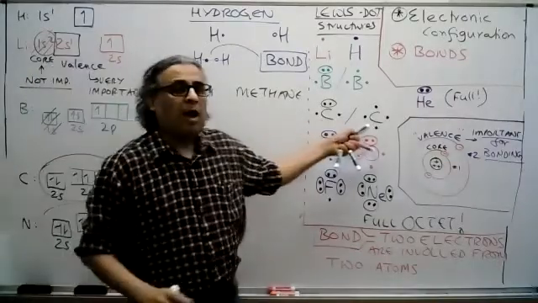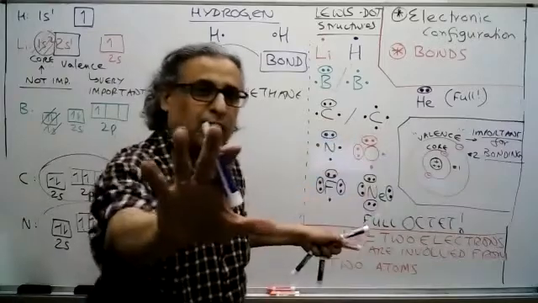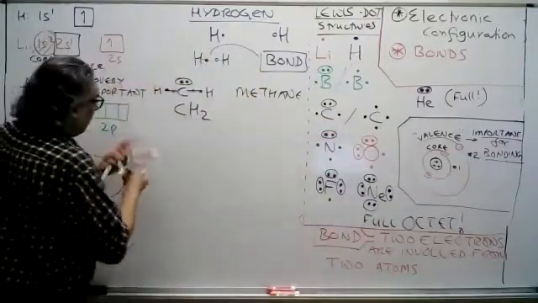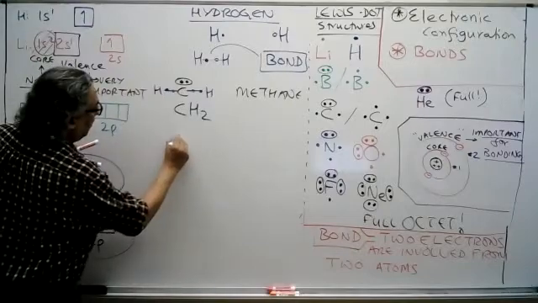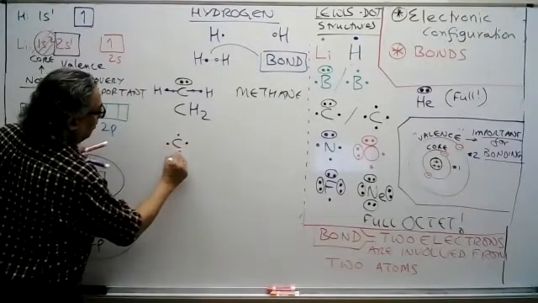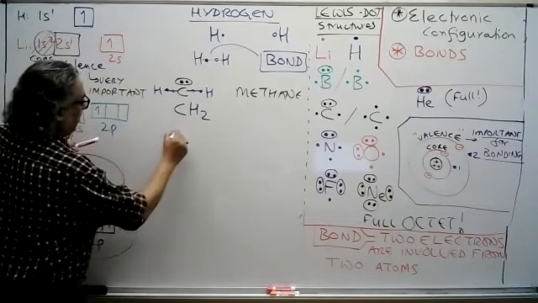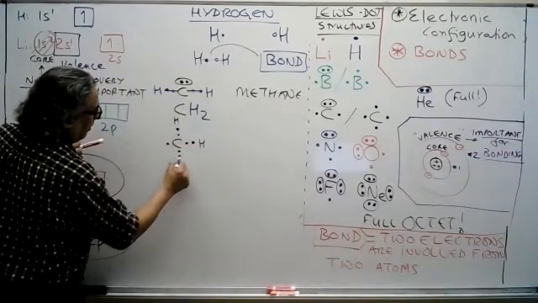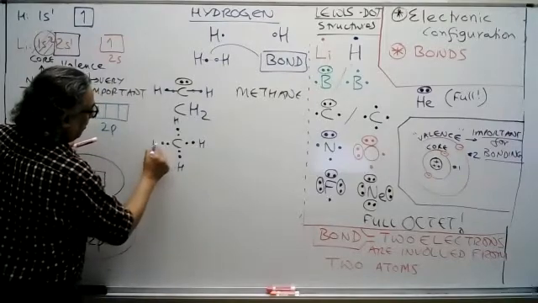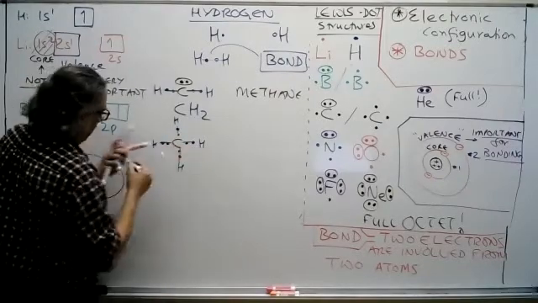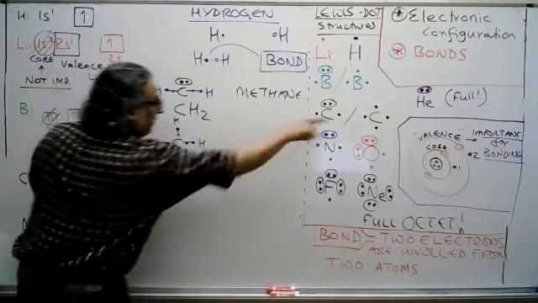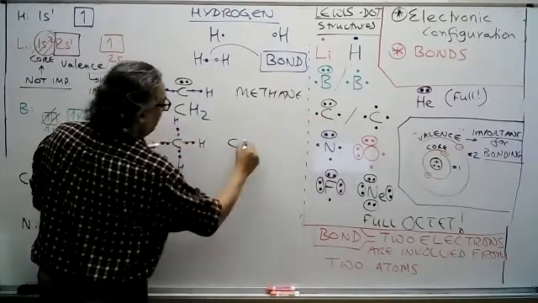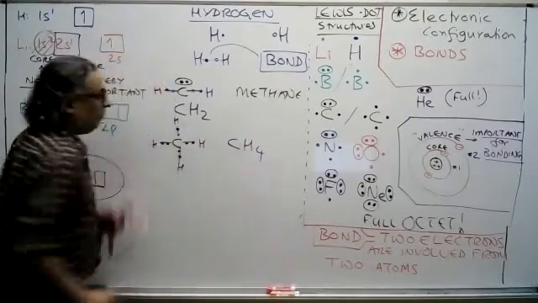If somehow that happens, I know you already know the answer. If that happens, then the formula of that molecule would be CH4. So if this is correct, then the formula of that molecule, the smallest hydrocarbon, would be CH4.